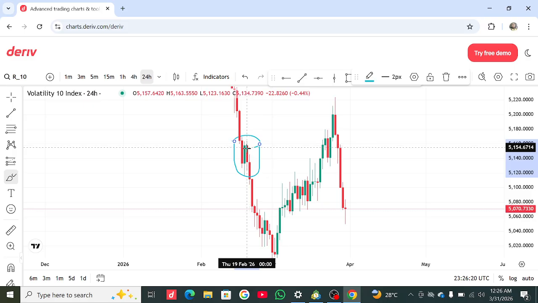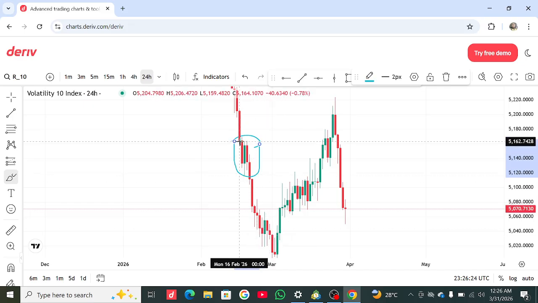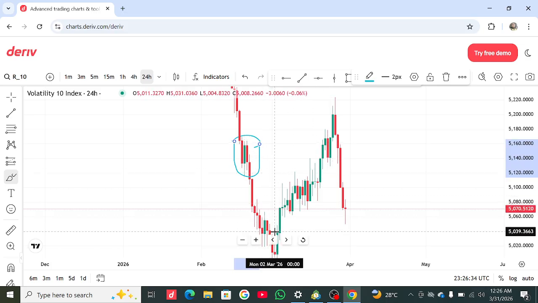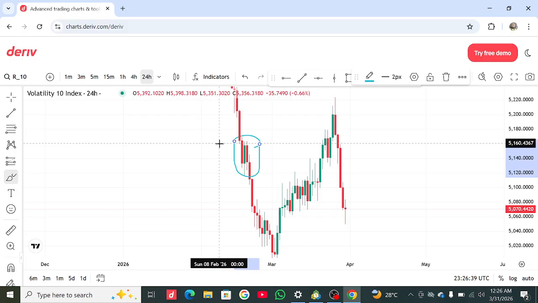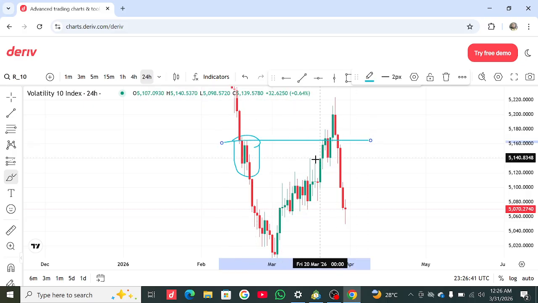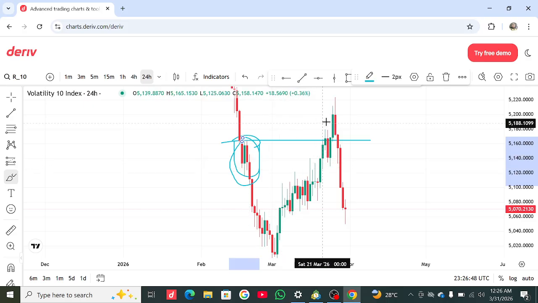So now we call this a break of structure. If you go to a 4-hour time frame, you see that it is a break of structure. Maybe if we go to my MT5, I will show you where the break of structure happened. Then there was a pullback into this point that crossed this area where this candlestick was formed, and that has caused a change in the state of delivery.